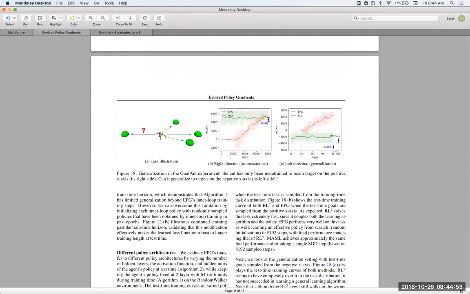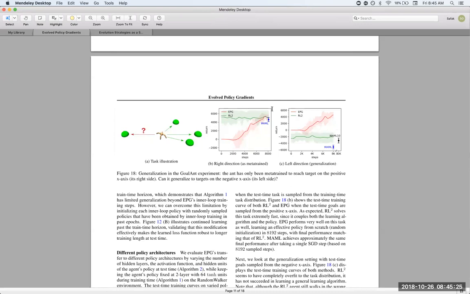So the ant is trained on reaching the target to the right of itself, and there's another target, and it's trained on these three tasks, and then it's tested on a new task, which is trying to reach a target that's behind it. So the EPG method, here are the returns. The EPG method actually is superior to the PPO method or another meta-learning method.